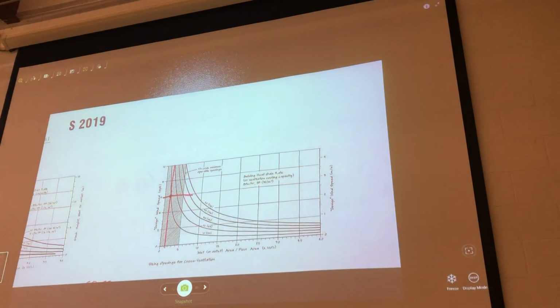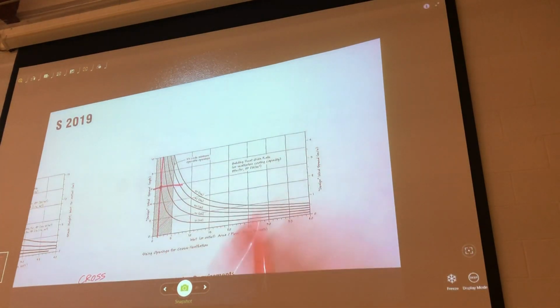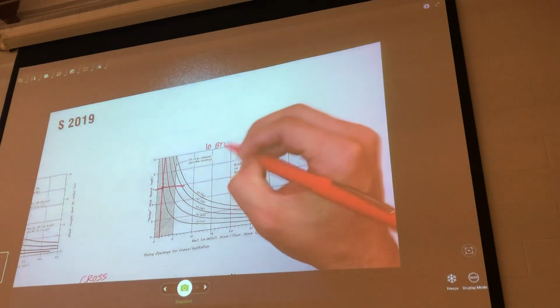And where we intersect, that tells us how much heat our cross ventilation strategy is getting rid of. So in this case, if I actually drew this straight, it'd probably be just less than 10. But to make life easy, let's say that it gets rid of 10 BTUs per hour.